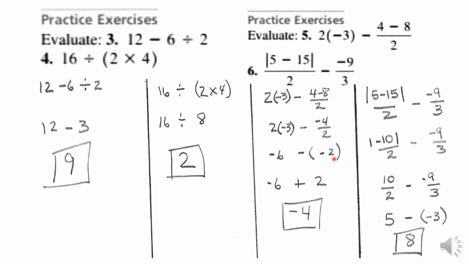And then what you're going to do is, because of the bracket, you'll get minus 6 minus a minus 2 is minus 6 plus 2 is minus 4, and here we get 8 for our answer. If you have any problems with those, please get help.